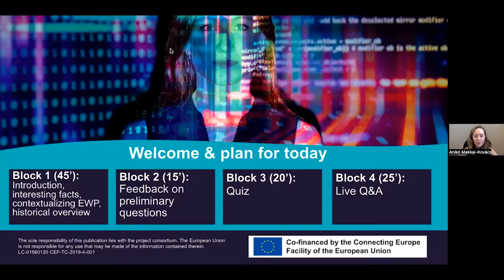In the third block, there's going to be a quiz where we are going to basically lay down a general workflow of the Erasmus project management together throughout the questions. And then in the end, you will have the chance to ask questions live.